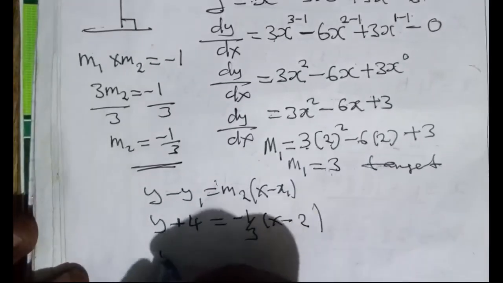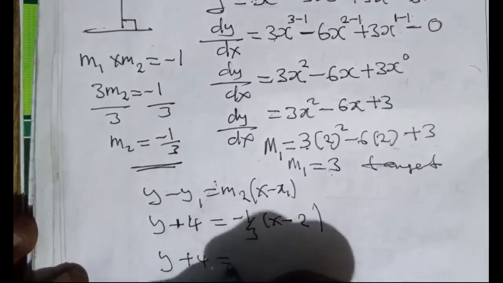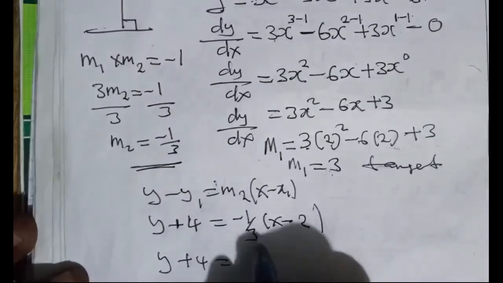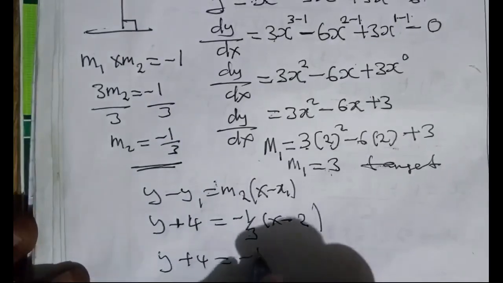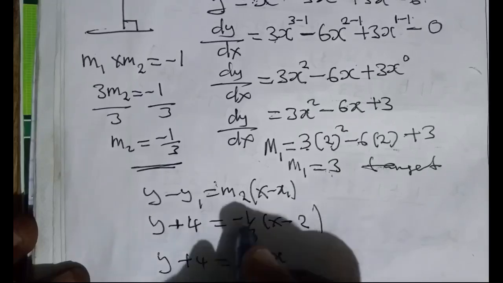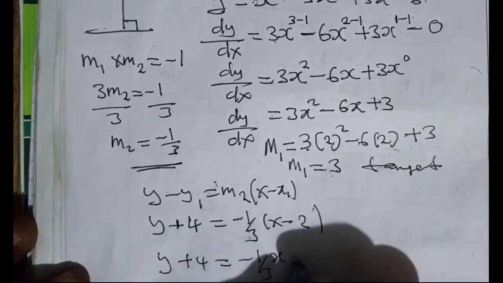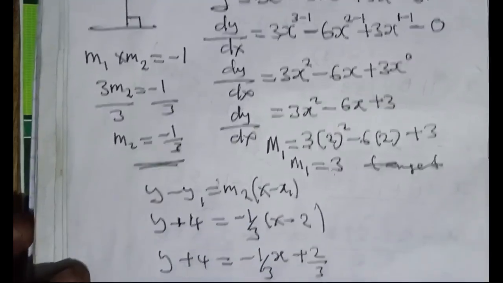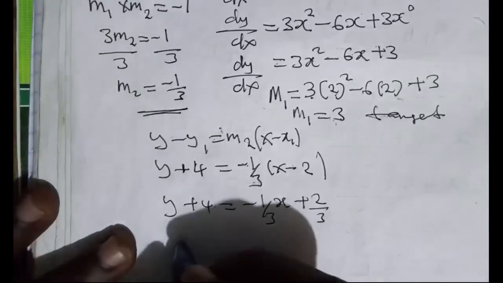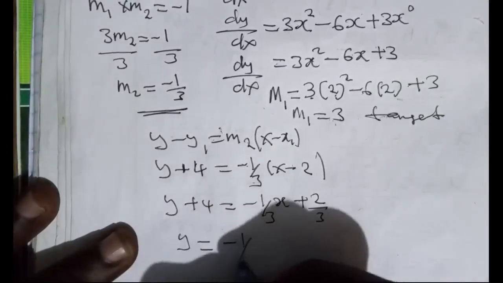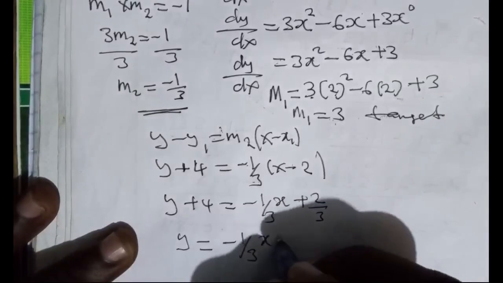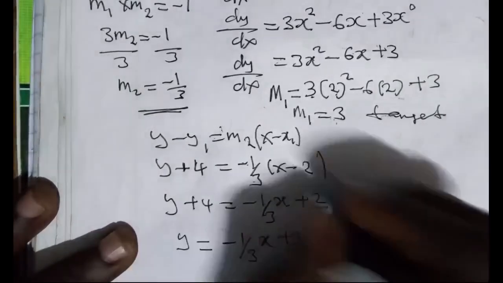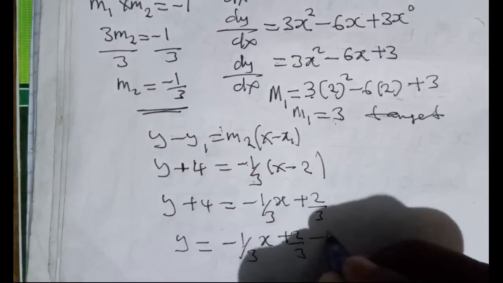Then we simplify. We have y plus 4 equals negative 1 over 3 times x, which is negative 1 over 3x, and negative 1 over 3 times negative 2 gives positive 2 over 3. Then make y the subject: y equals negative 1 over 3x plus 2 over 3, and 4 comes to the other side as minus 4.